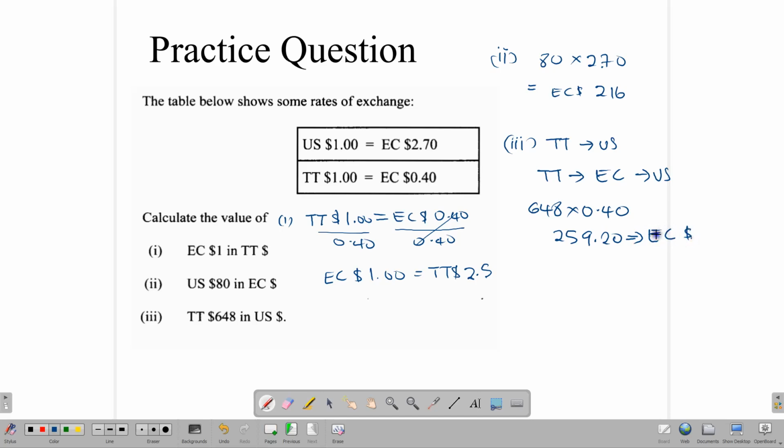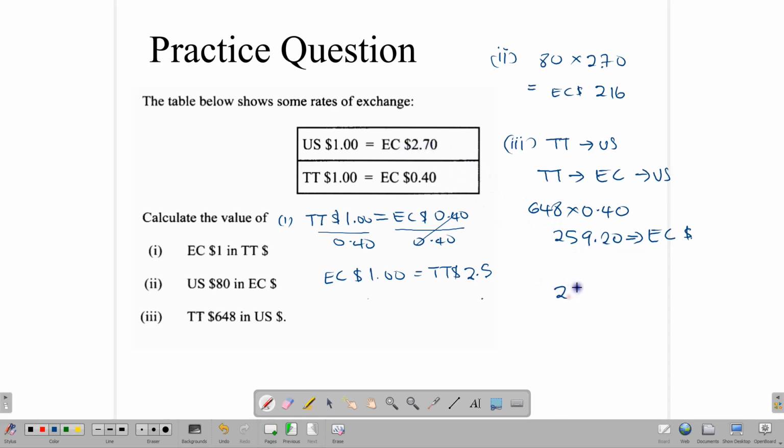Okay? Now that we have this $259.20 in EC, we are now going to try to change this EC to US dollars, and we have a rate for that. Notice that we had a rate up here. One US dollar is $2.70 in EC. So we have 259 EC dollars, and we want to change it to US. So we need to divide this money by $2.70.